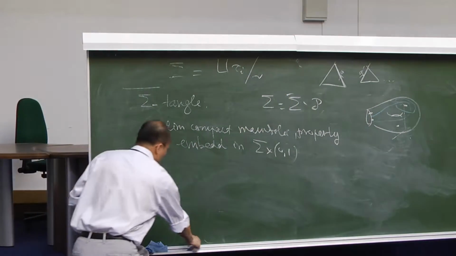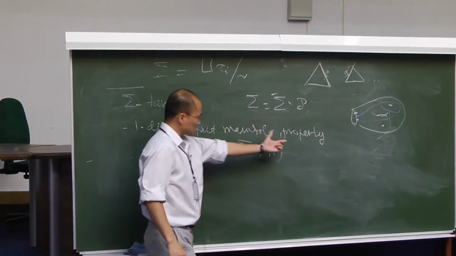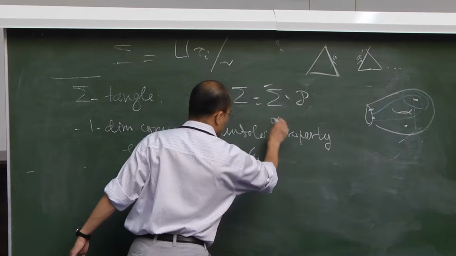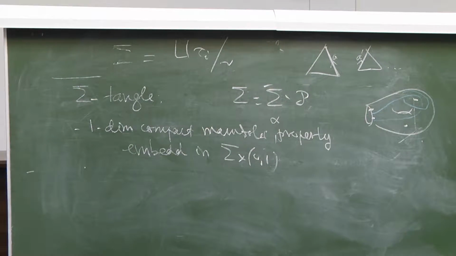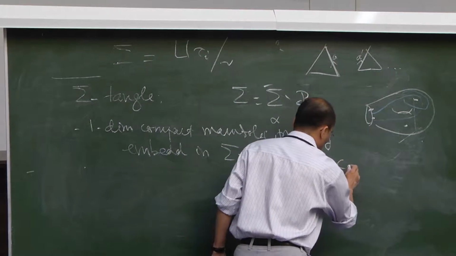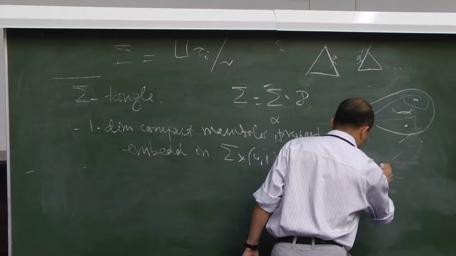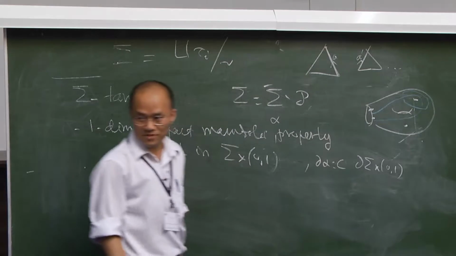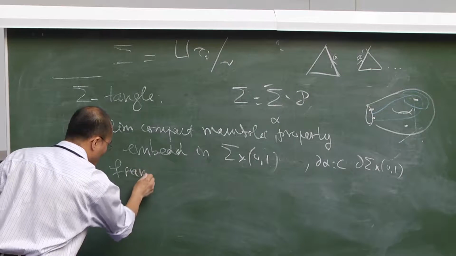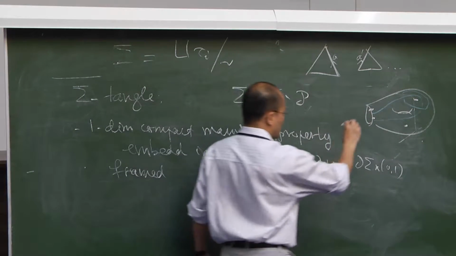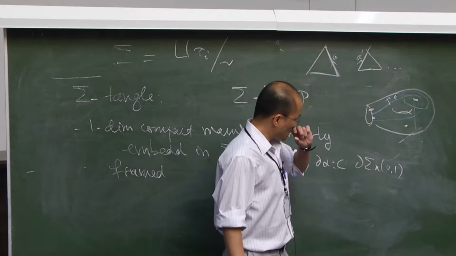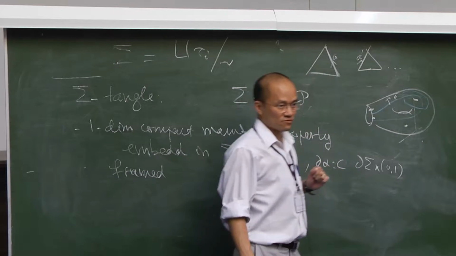Okay. So properly embedded means that, I call this one-dimensional manifold, say alpha here, it means that the boundary of alpha would be in the boundary of sigma cross [0,1]. The boundary of alpha must be there. It's also framed. It means that at every point on the link, I have a normal vector field as usual. Okay?